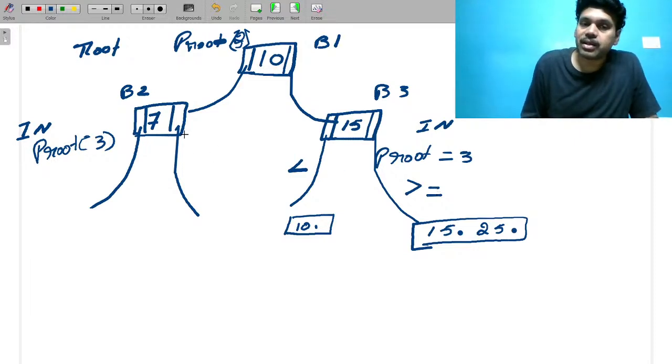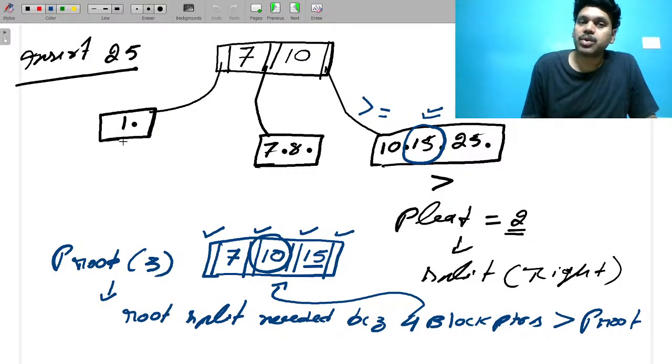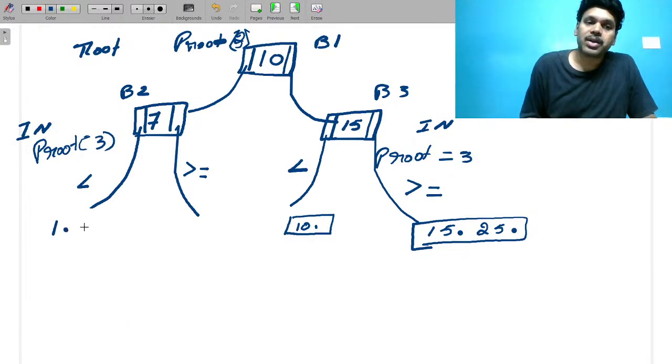Now you see, here also we want to solve greater than or equal to, and this is your less than. So what are the keys there? 1, 7, 8.